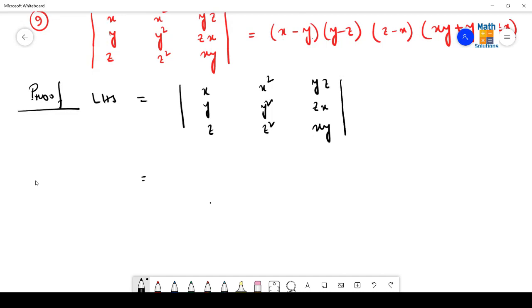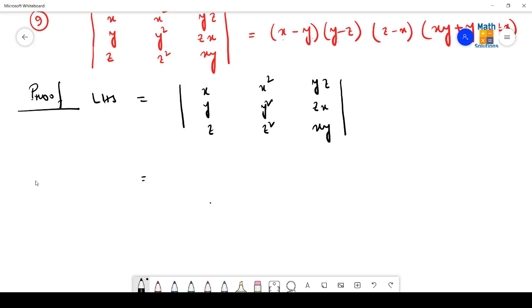If we proceed row wise, any one row out of these 3 rows we have to select, and then we have to perform addition or subtraction as per the requirement in the other 2 rows.